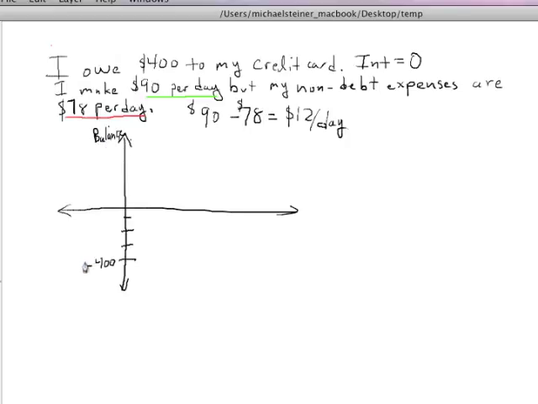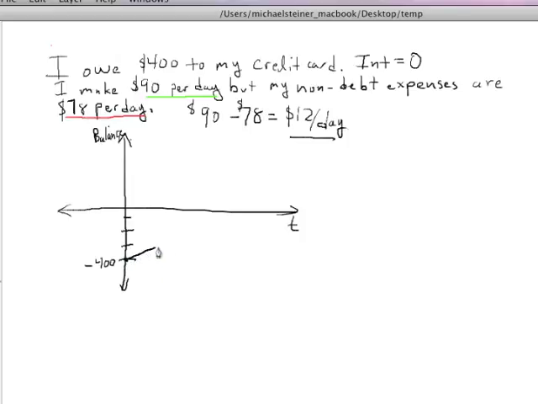I have a negative $400 account balance. I owe $400 more than I have, and we're paying this off at $12 per day. So this number right here is going to get closer and closer to 0 if I can pay it off at $12 per day.